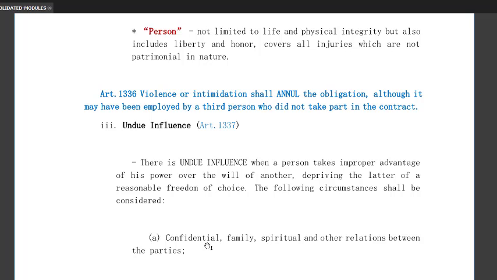So, the following circumstances shall be considered under 1337: the confidential, family, spiritual, and other relations between the parties, or the fact that the person alleged to have been unduly influenced was suffering from mental weakness, or was ignorant, or in financial distress.